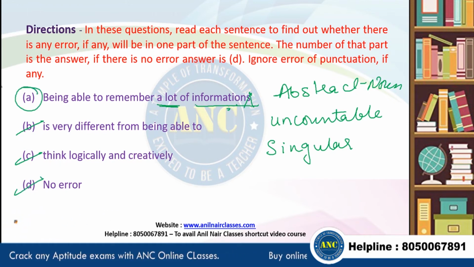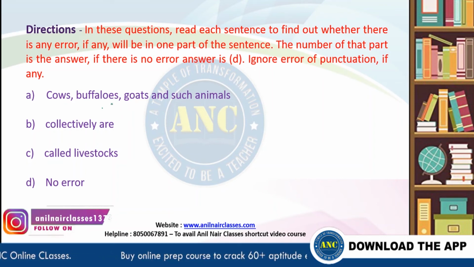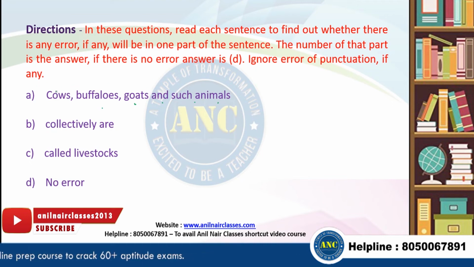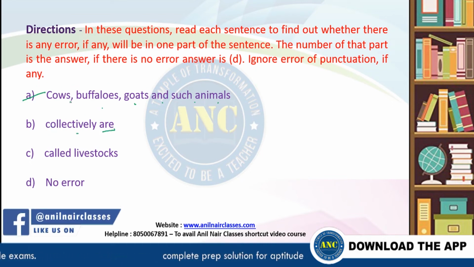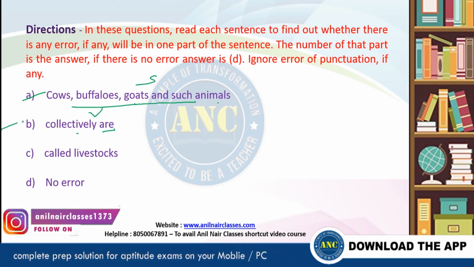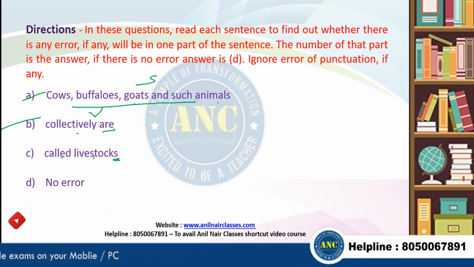Next question. Cows, buffaloes, goats and such animals, fine, they are all plural forms. Animals collectively are. So who are all these are our subjects. So that is fine, this is our verb. Are called livestocks. Now there is nothing called livestocks.